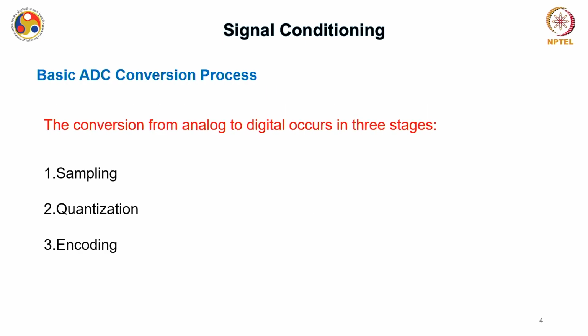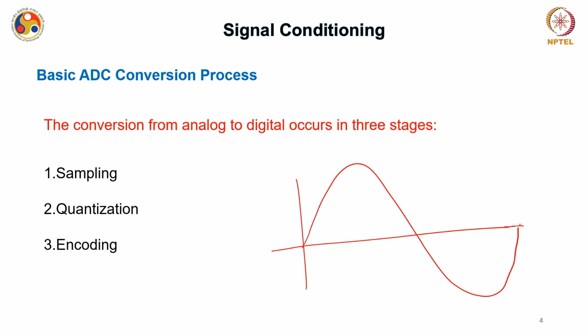The conversion of analog signal to digital signal occurs in three different stages. The first stage is sampling of the analog signal. So let me consider an analog signal. I want to convert this into a digital signal or a discrete signal, maybe something like this.